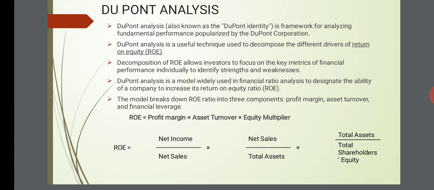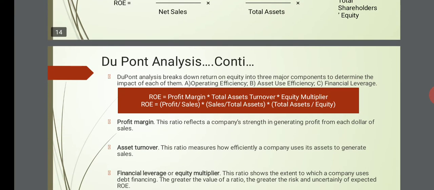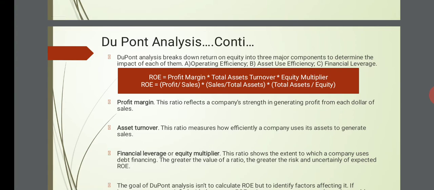Net sales gets cancelled out, total assets get cancelled, and finally net income upon total shareholders equity is left, which means return on equity. Now DuPont analysis breaks down the return on equity into three major components to determine the impact of each of them: operating efficiency, asset use efficiency, and financial leverage.